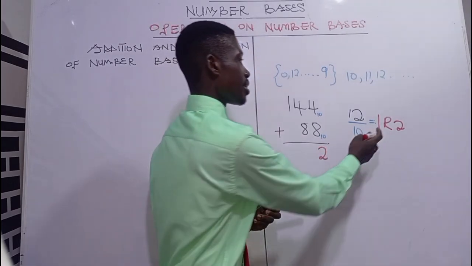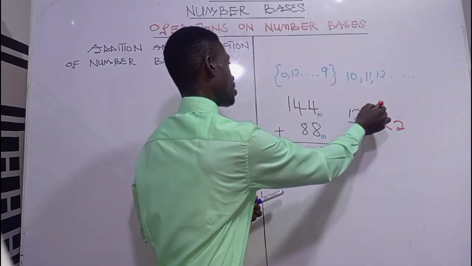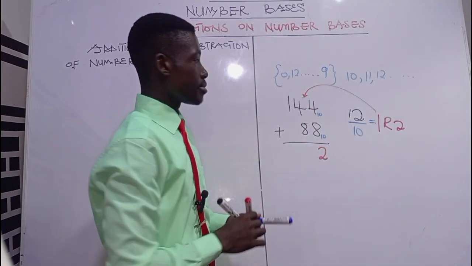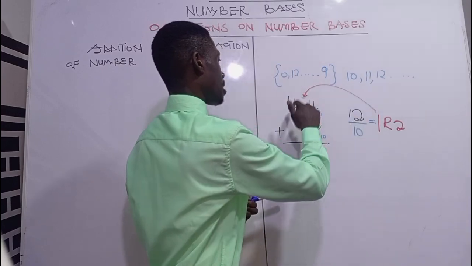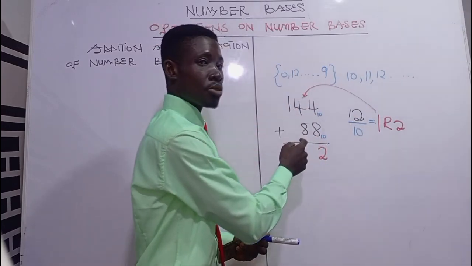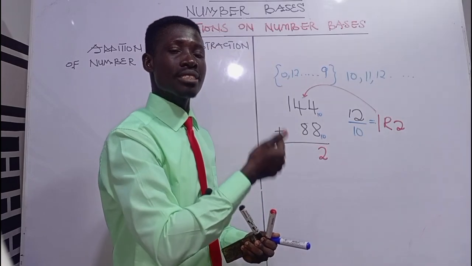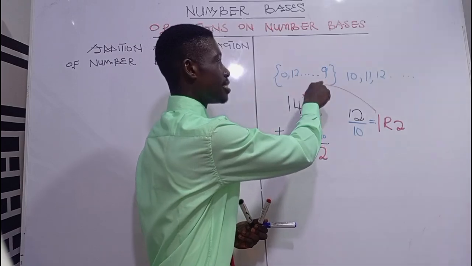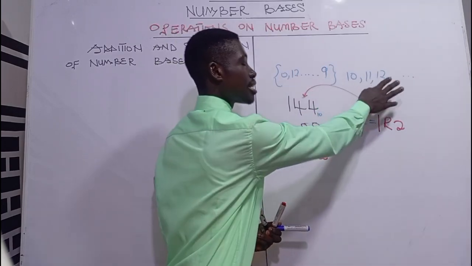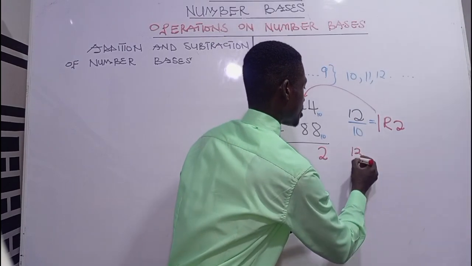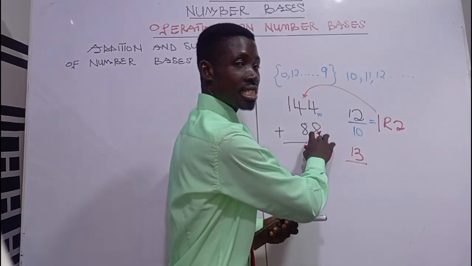And then we carry the quotient to the next number. So we are going to get 1 plus 4, that gives us 5. 5 plus 8 will give us 13. But we can't have 13 in a base 10 numeral. The highest digit is 9. So we write our 13 and then we divide it by the base in which we are working.